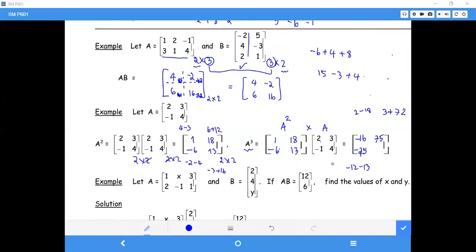Second row, second column, that is negative 18, and then 13 times 4 is 52. So you should get 34 there. Yeah, I think it's 34.